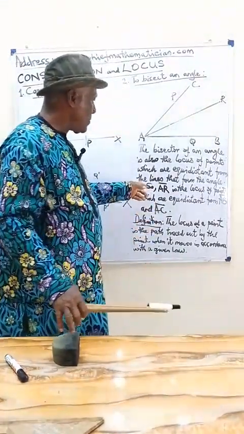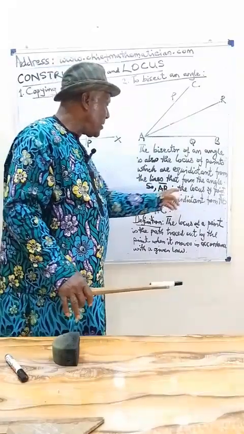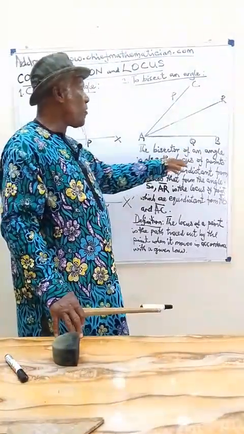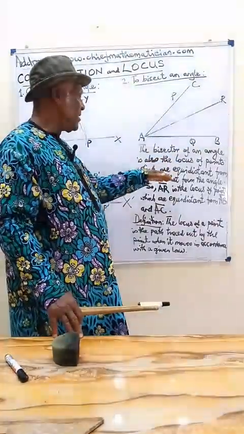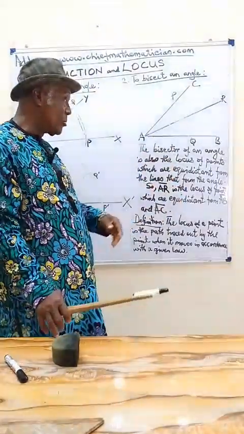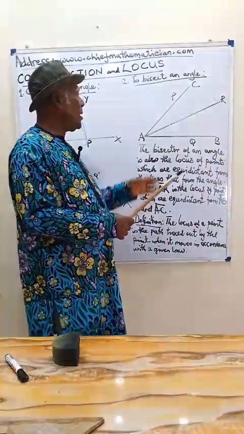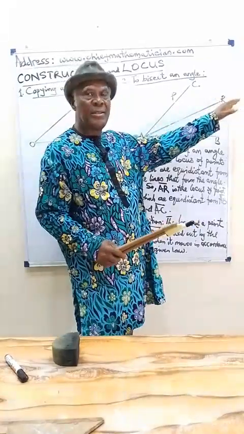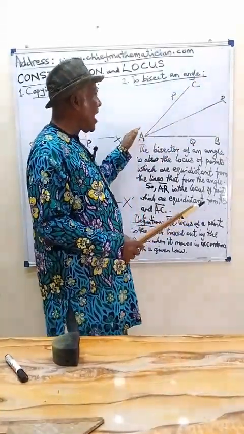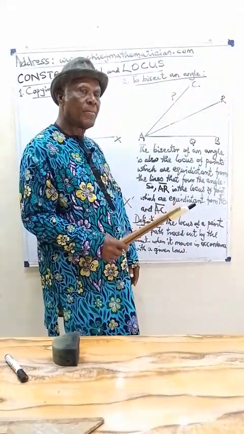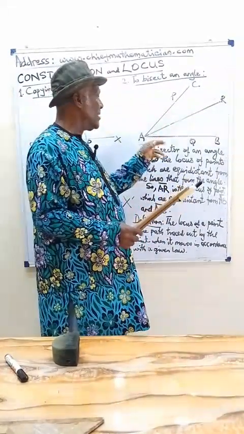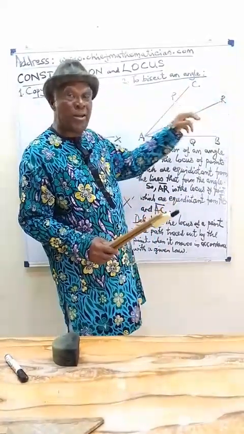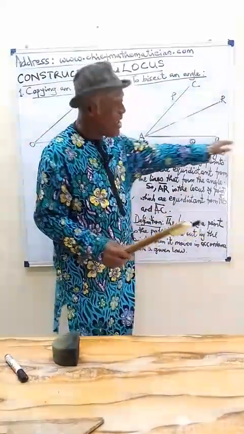Now, like I said here, AR, the bisector of an angle, is also the locus of points which are equidistant from the lines that form the angle. In other words, every point along AR is equidistant from AC and AB. Every point you take along AR, that point is at equal distance from AC and AB.